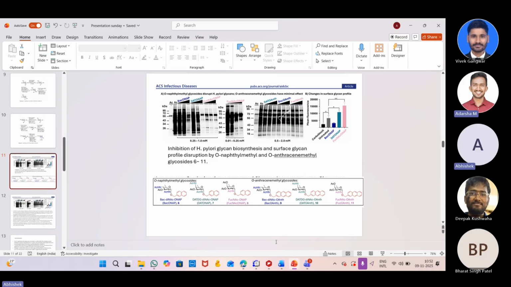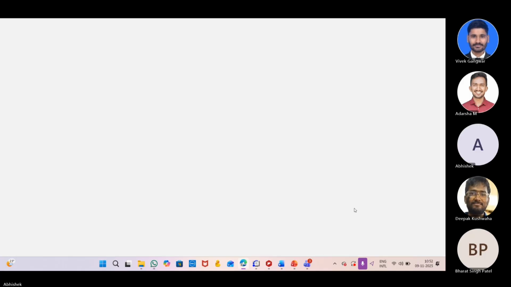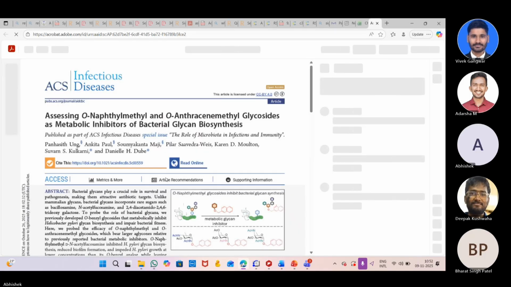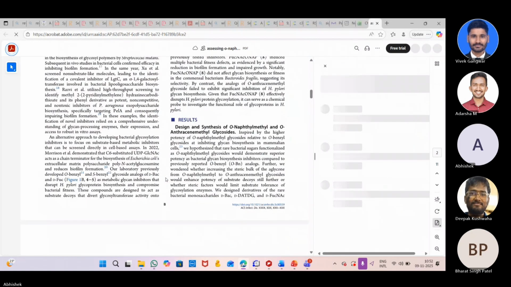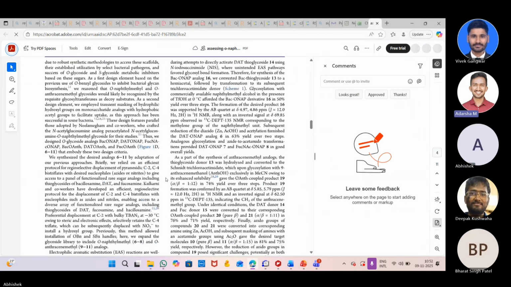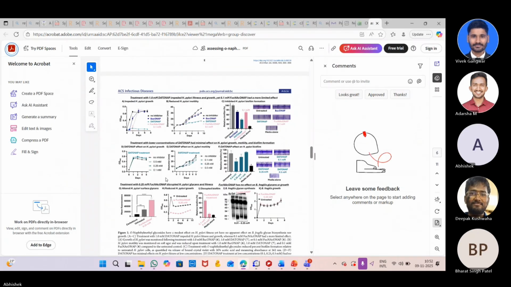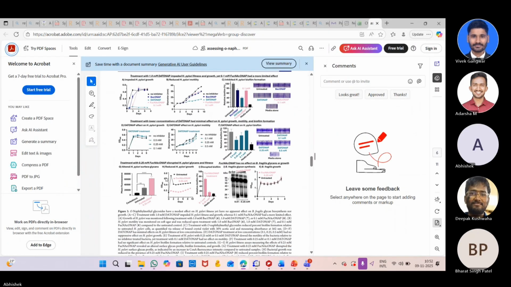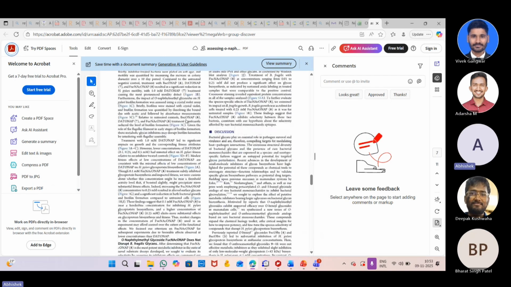That paper, let's see. If it is open, it's visible. Go below. Like here he did this experiment, this analysis, sorry.